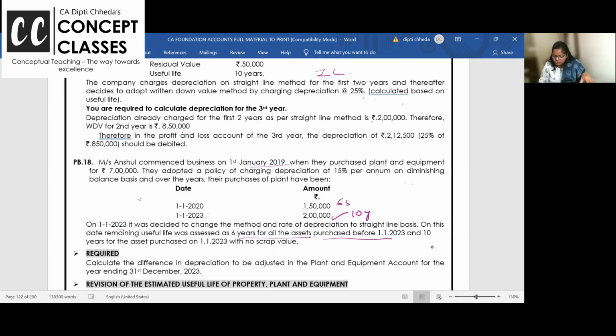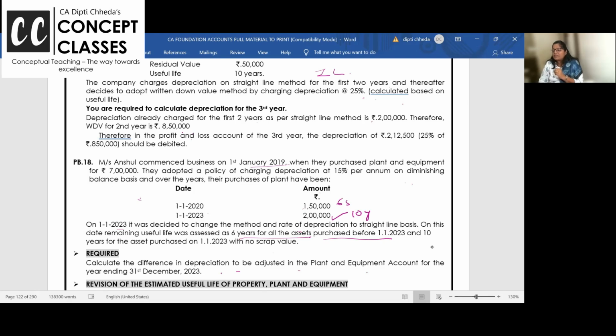So how are you going to charge depreciation for December 23? Only for 23 you have to calculate depreciation. But because you want to calculate the SLM depreciation, at least you should have the opening figures, no?